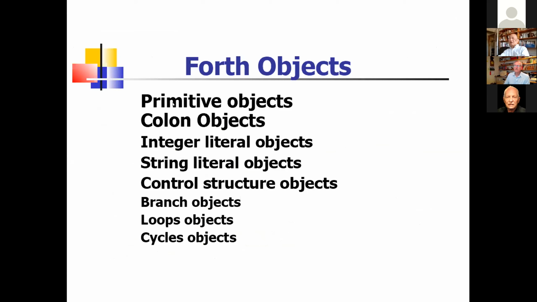So we have two different main classes of objects, primitive objects and colon objects. And in the colon objects, there are 6 different kinds of objects: integer and string objects, and the control structures, which have the branch objects, loop objects, and cycle objects.